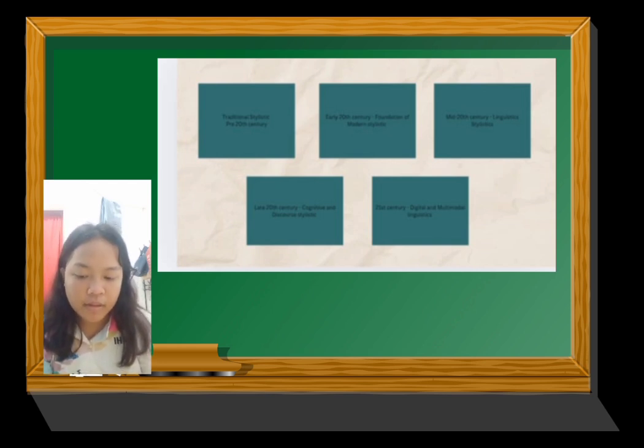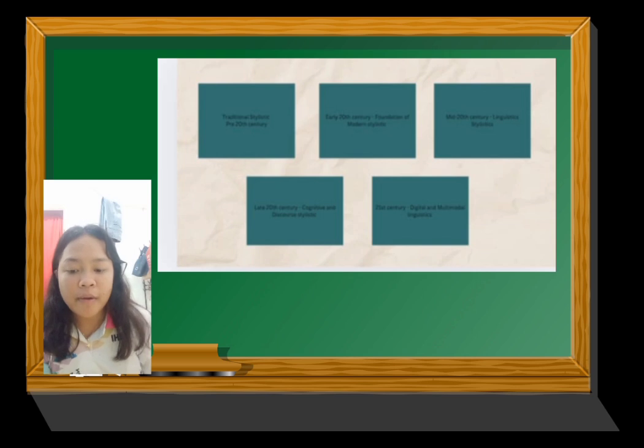Lastly, we have the 21st century, which is the present, called digital and multimodal stylistics. It uses computational tools for stylometric analysis, for example authorship attribution and frequency analysis.